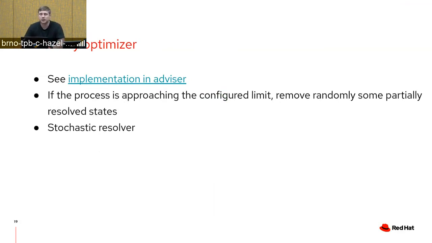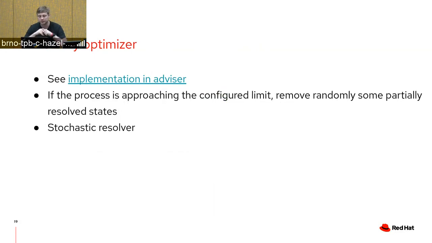Okay, so we maintain this min heap queue. We can easily remove items from this min heap queue, and Advisor also provides an implementation of a memory optimizer that, if we are approaching the currently configured limit for memory, randomly removes states from the min heap queue. Keep in mind that the resolver is a stochastic resolver, so even the resolution process explores dependency resolution possibilities randomly.